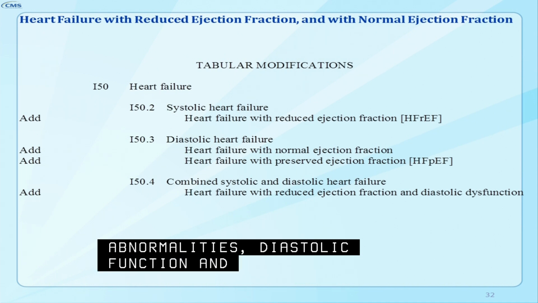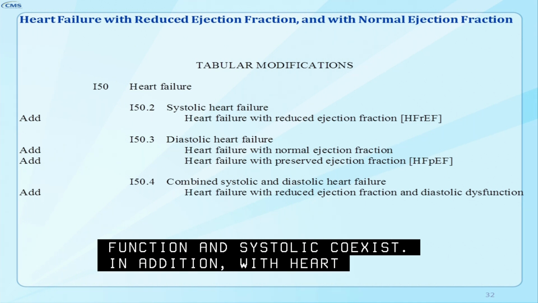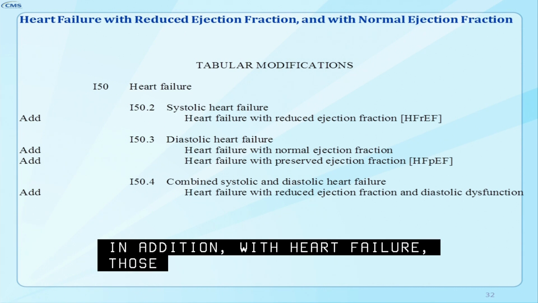So now, in addition to that, with heart failure and reduced ejection fraction, they noted that those with left ventricular systolic dysfunction commonly have elements of diastolic dysfunction as well.